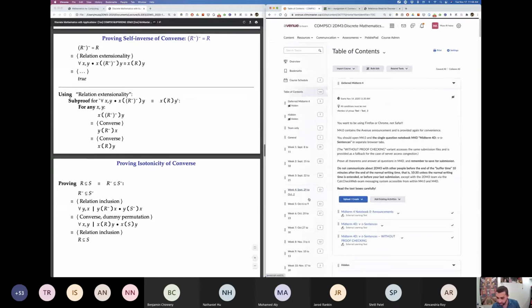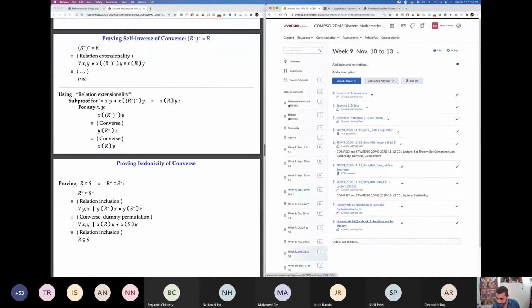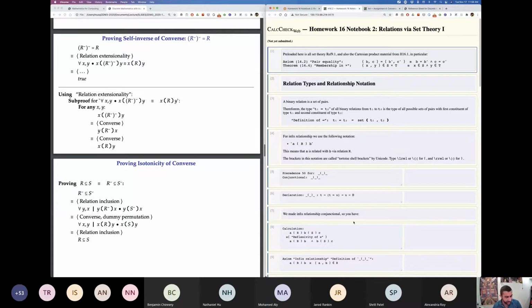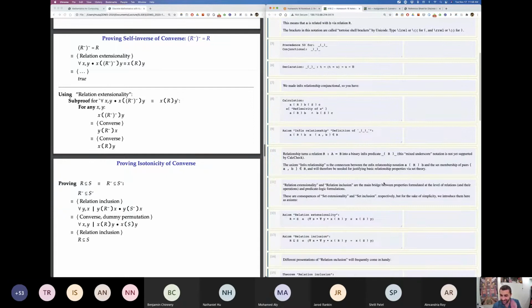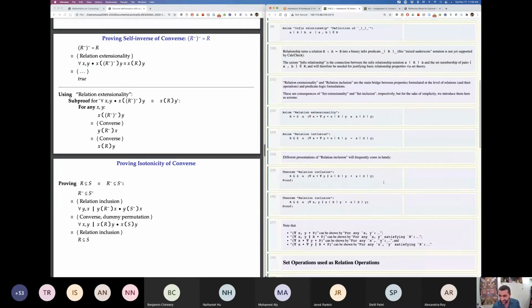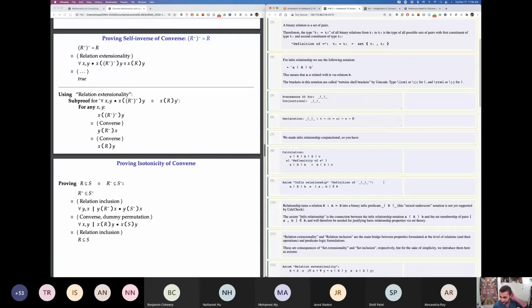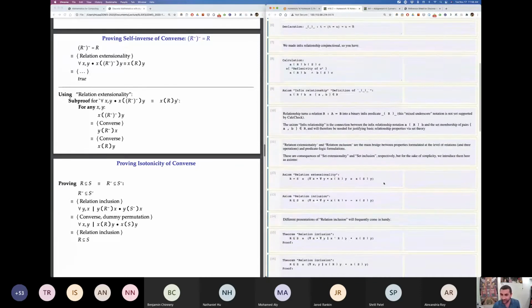Let's have a little bit of a vote. All right, we have one person says example, 2, 3. All right, let's. Okay, so this is the homework 16 notebook 2, which you should have access to by now.